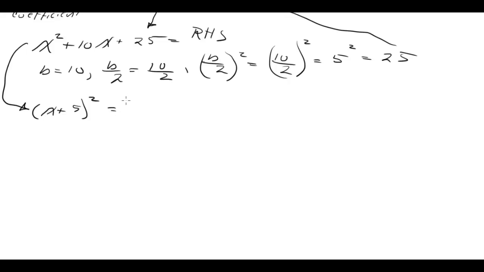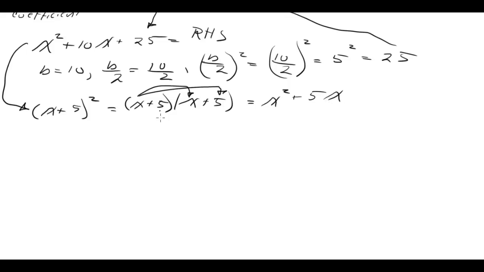Let's test that to make sure it's true. Now, x plus 5 squared is the same as x plus 5 times x plus 5. So we know how to FOIL this, right? x times x is x squared. x times plus 5 is plus 5x. Plus 5 times x is plus 5x.